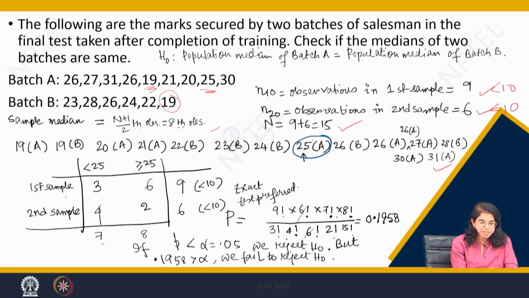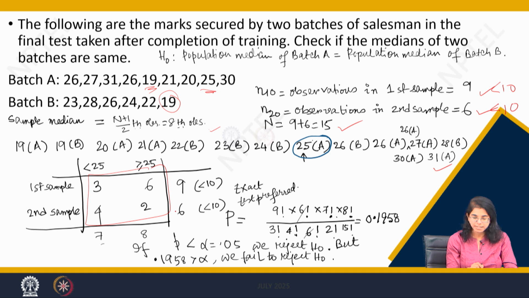25, how many observations from the first sample are less than 25 is very easy. Just count it out. How many observations are there? 21, 20 and 19. So 3. So the rest is 6. So this is the entire table: 3 and 6, 4 and 2. And similarly, you can figure out the marginals. Add 3 plus 6 is 9.